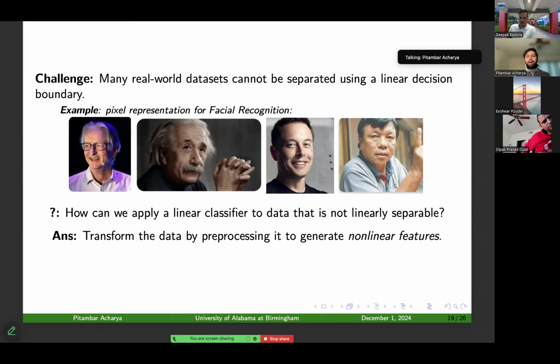So how can we apply a linear classifier to data that is not linearly separable? Here we transform the data by preprocessing and generate nonlinear features. Nonlinear features play an important role when we have complicated data like facial recognition.